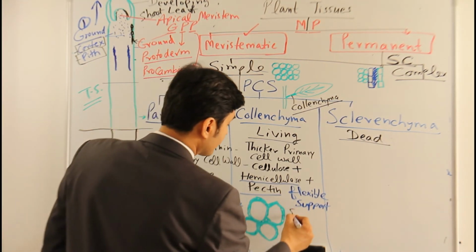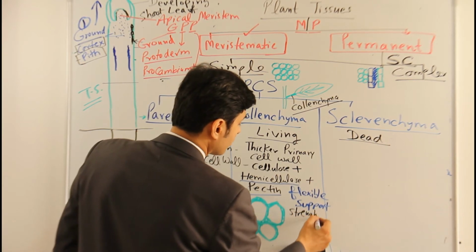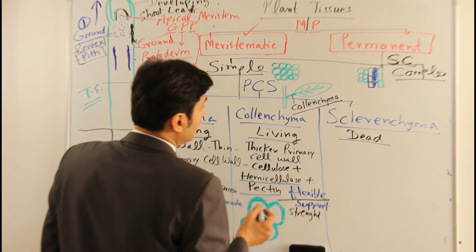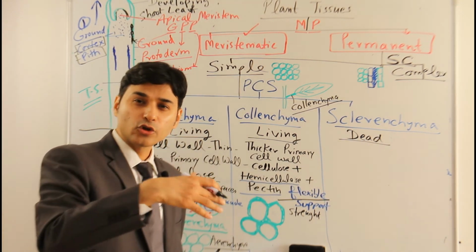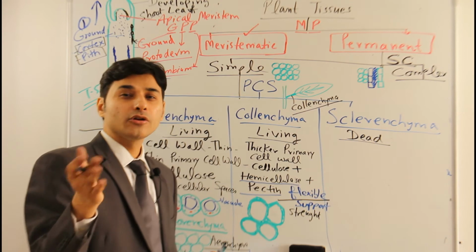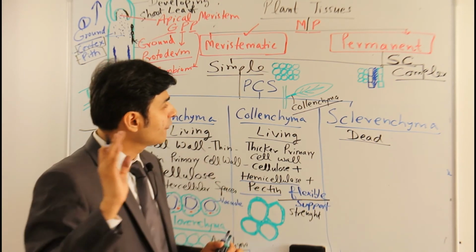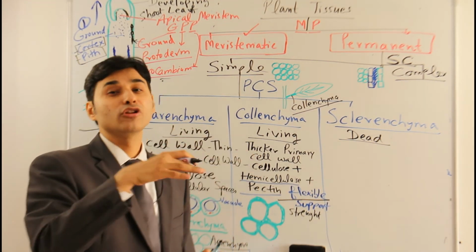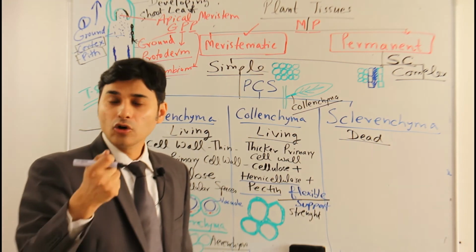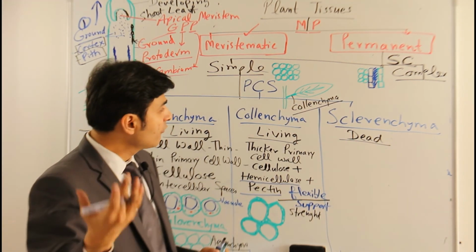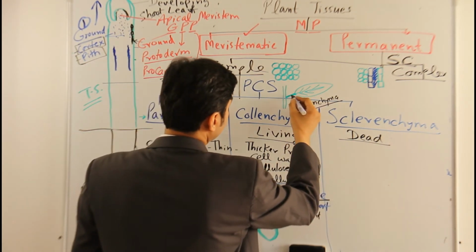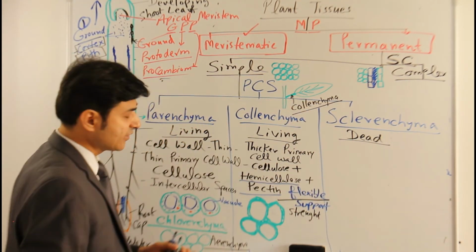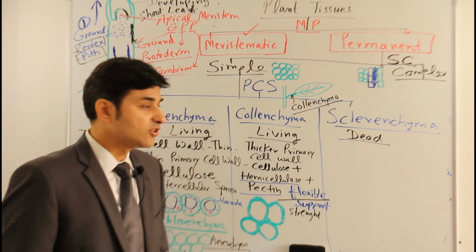When the air is there and the leaves are swaying, they will easily move with the direction of the wind, but they will not be detached. So it has support, but with flexibility. The leaf base or the leaf petiole is made up of collenchyma. This is the main function, flexible support.